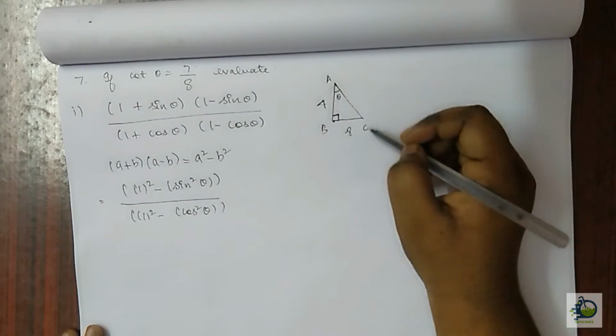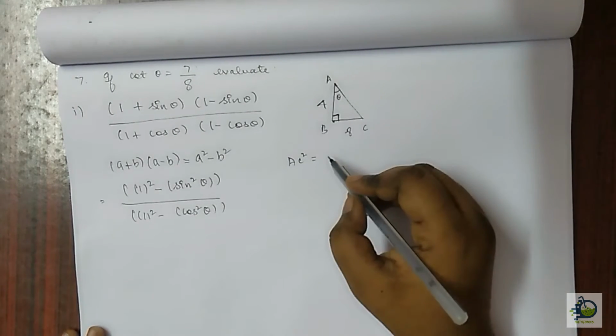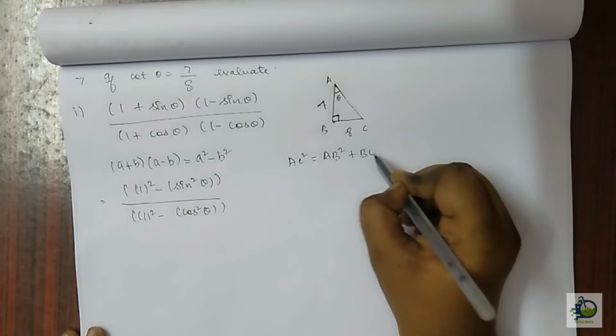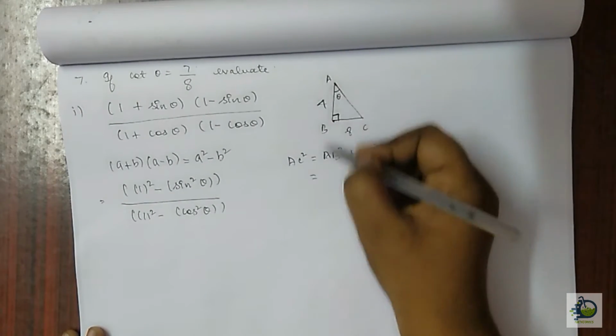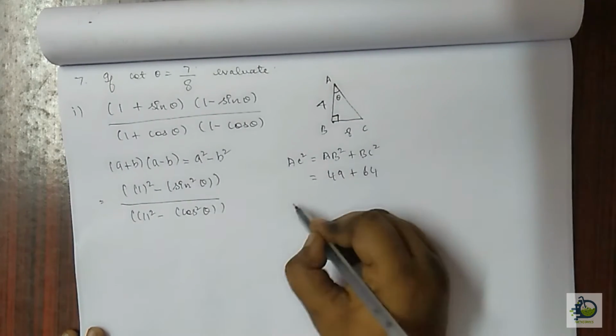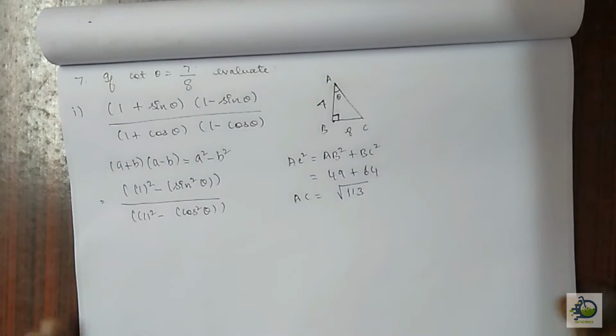By using Pythagoras theorem we can find AC. AC square is equal to AB square plus BC square. AB square is 49 and BC square is 64. So AC is equal to root of 113.